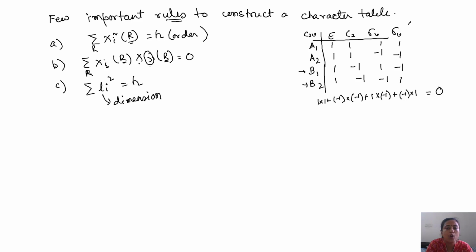We have 4 one-dimensional irreducible representations. So we can take the square of the dimension of the first irreducible representation, plus the second one, plus the third one, plus the fourth one, and that is going to give me the order of the group h.